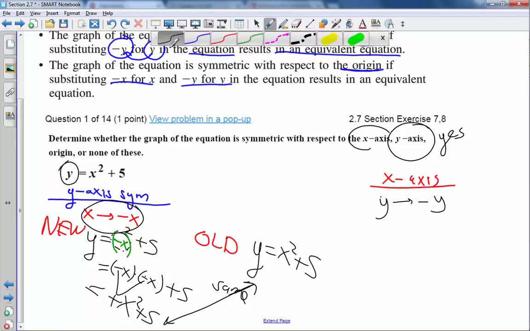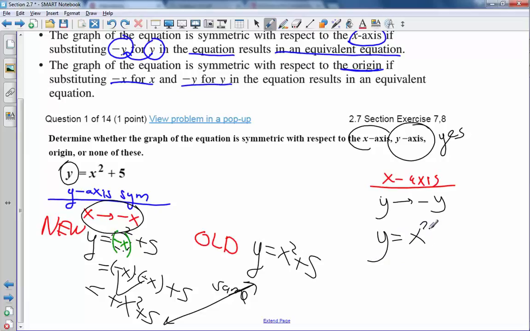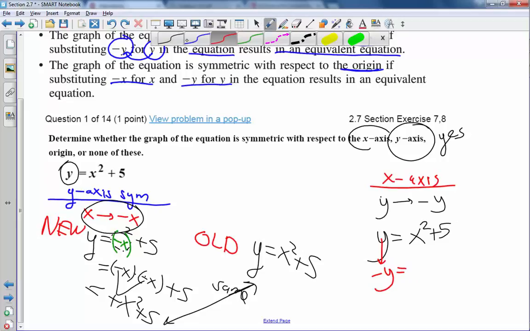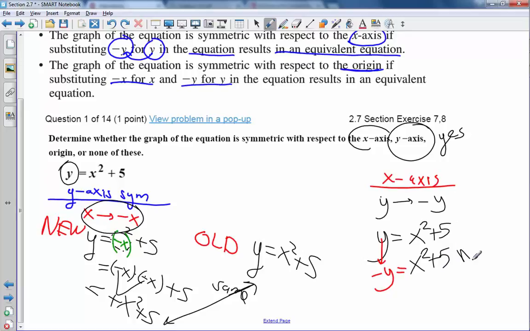So again, this is the old one: y equals x squared plus 5. I change this y by minus y. Okay? And everything else is the same. This is new now. Did I get it right?